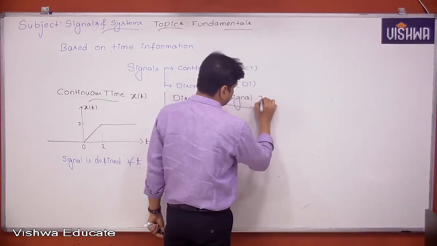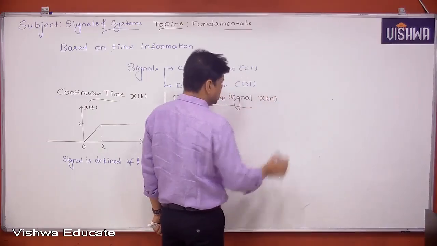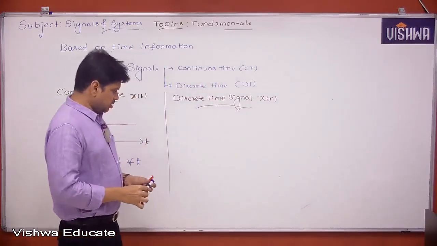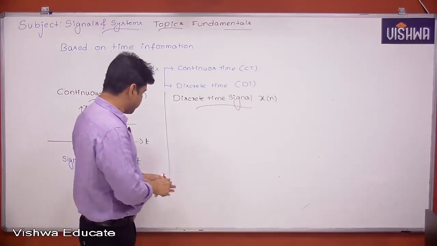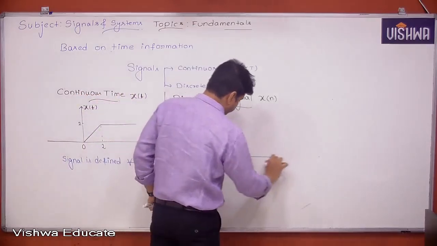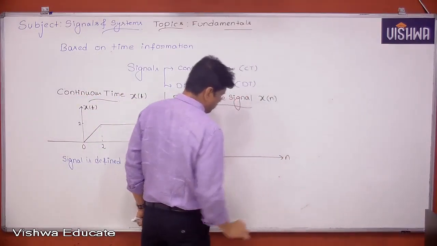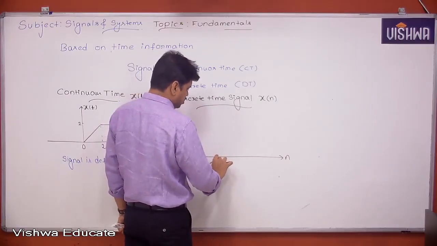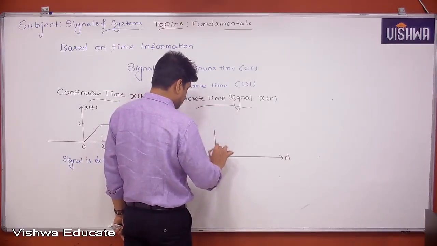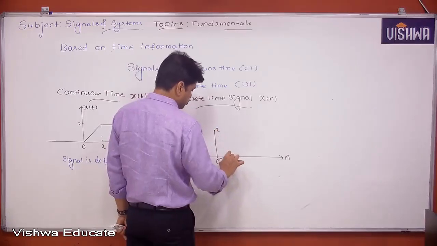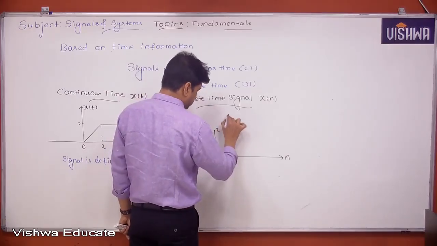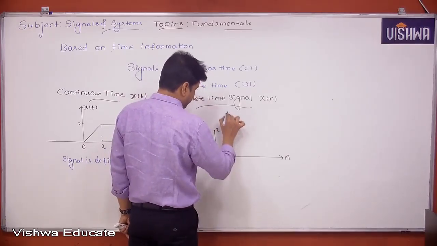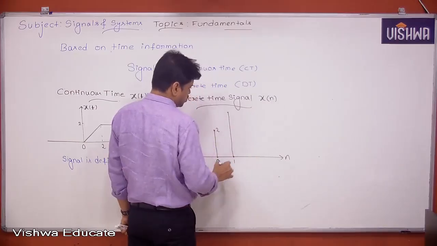Usually the notation for it is x of n. Suppose the x-axis is n, because that is the independent variable. At 0, let's say the value is 2. At 1, let's say the value is 3. n is always an integer, remember.